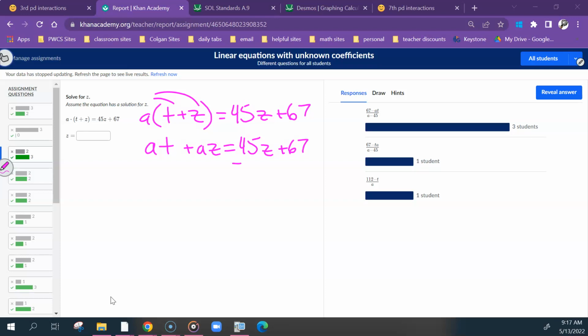So I'm going to move 45Z over, and I'm going to get rid of AT. Do this all at the same time. So here my ATs would cancel, my 45Zs would cancel. I have AZ minus 45Z equals 67 minus AT.